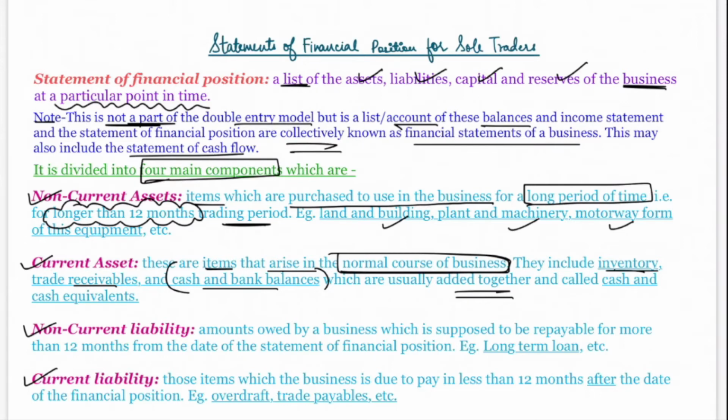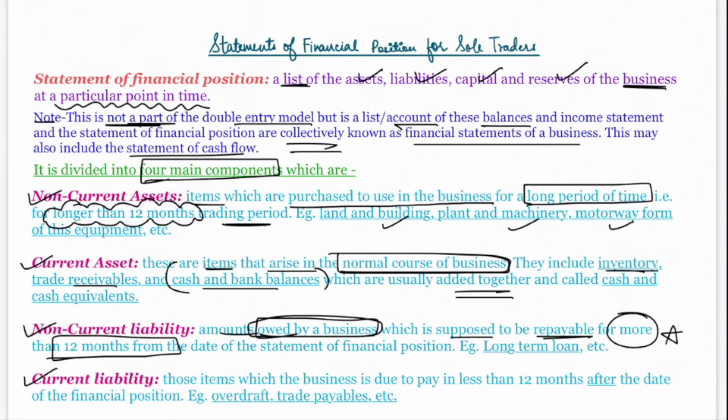Now let's see non-current liability. This is the amount owed by a business. That is, the business owes this money to an outsider, which is supposed to be repayable for more than 12 months. This is important. For more than 12 months from the date of statement of financial position. Example, long-term loan.